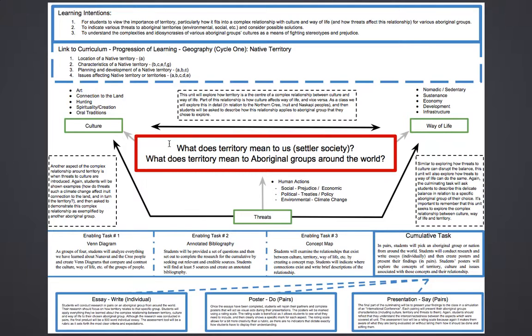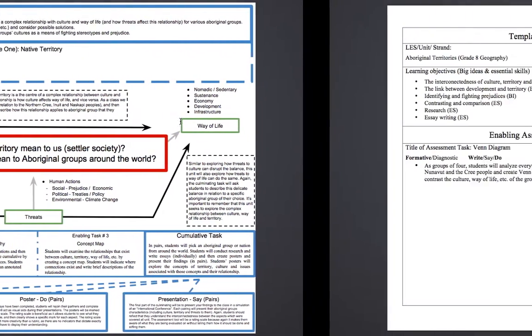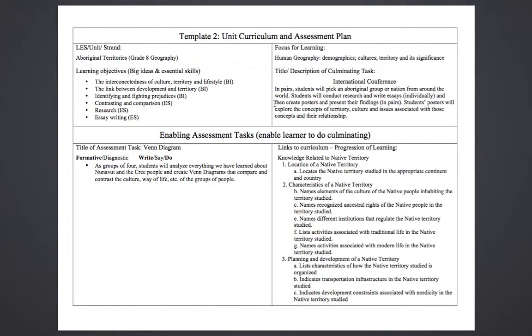And then for the culminating task, they'll look at this relationship in terms of different Aboriginal groups around the world. So this is the visual representation, but all of this information is represented in these templates, which I will be handing in to you.